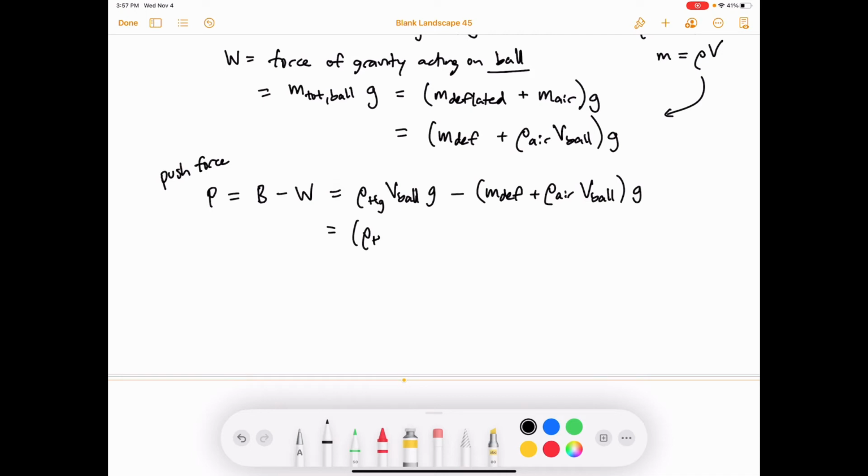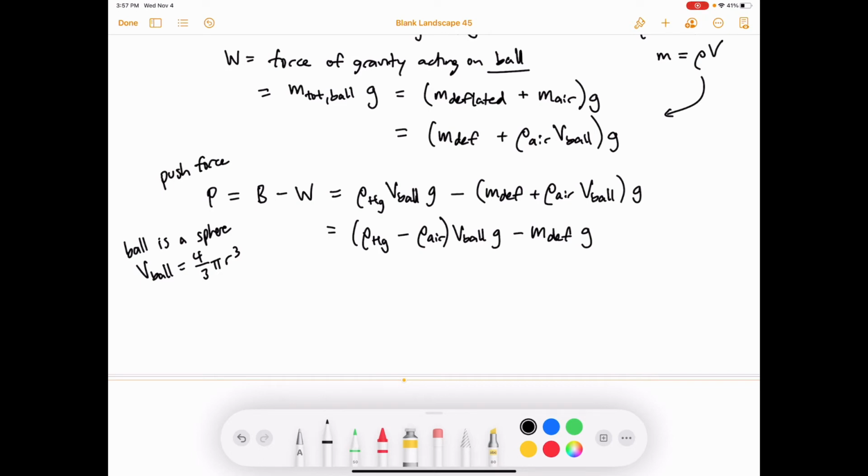So I have the density of the mercury minus the density of the air, times the volume of the ball times g, and then minus the mass of the deflated ball times g. Okay? And then the last thing we'll note is that the ball is a sphere. So the formula for the volume of that ball is going to be 4/3 pi r cubed.